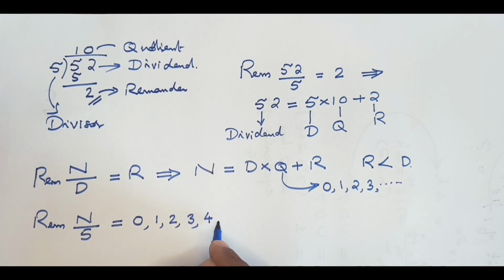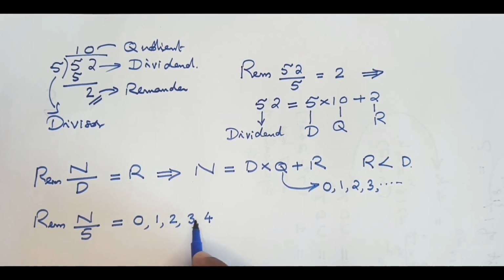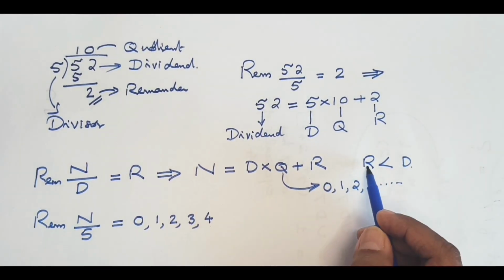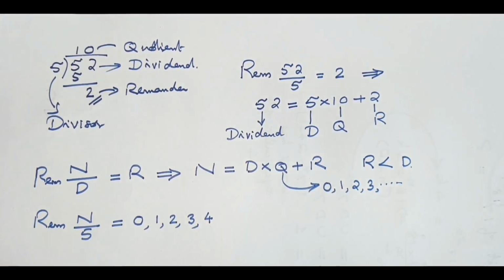There it stops. It cannot be 5. So these are the 5 possible remainders you get when any number is divided by 5. That's what I meant by remainder being less than the divisor. Whereas quotient will range from 0 to any positive integer.